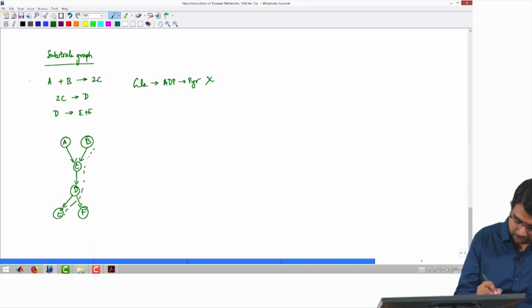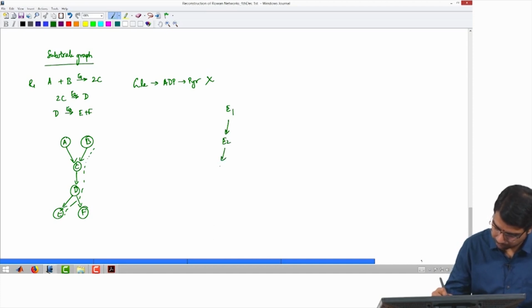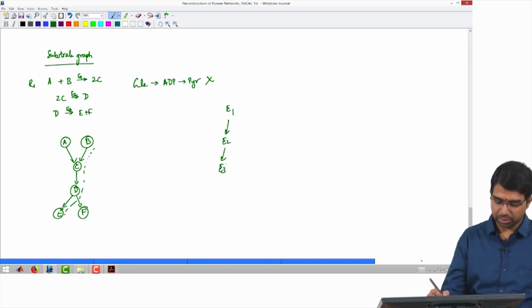The next step would be to represent this as a reaction or enzyme graph, wherein you have E1, E2, E3.